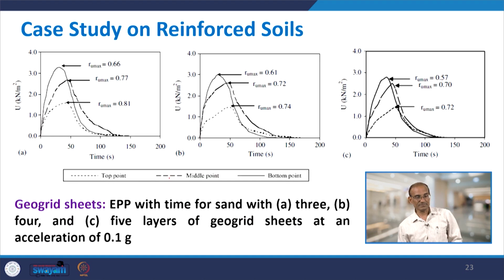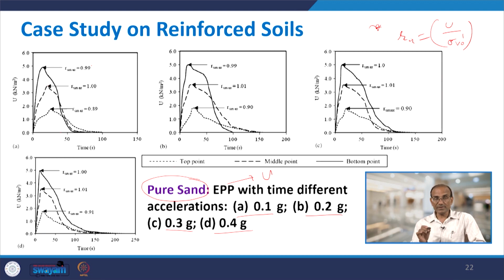Now, a case study has been done for 3 cases of geogrid layers: 3 layers, 4 layers and 5 layers. Because for any analysis the peak values are important rather than the distribution, in the next results we will examine what happens to these peak values when you put the geogrid.